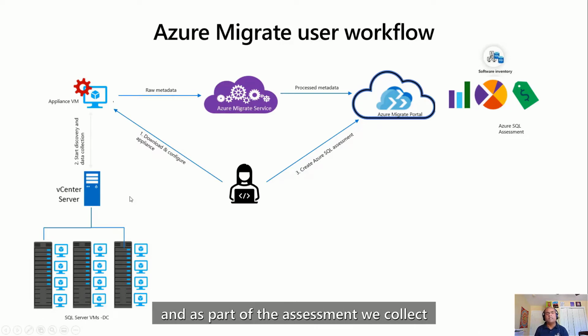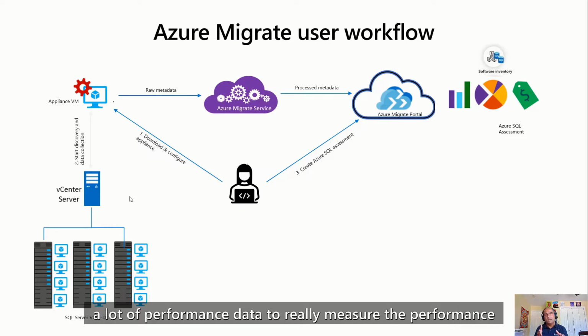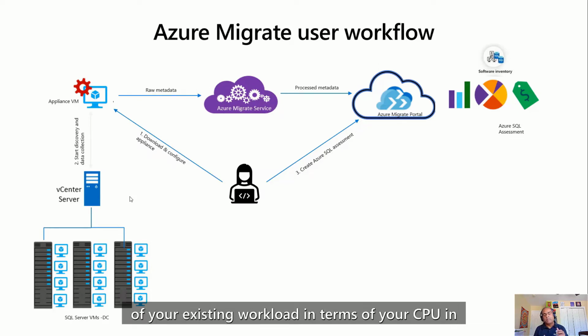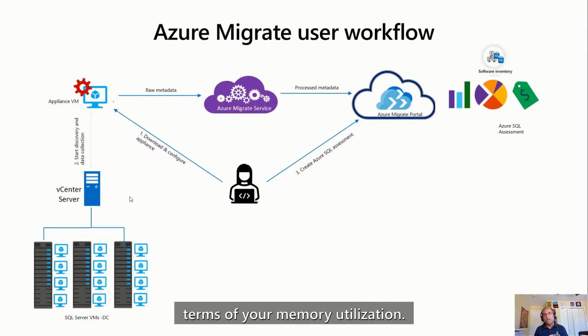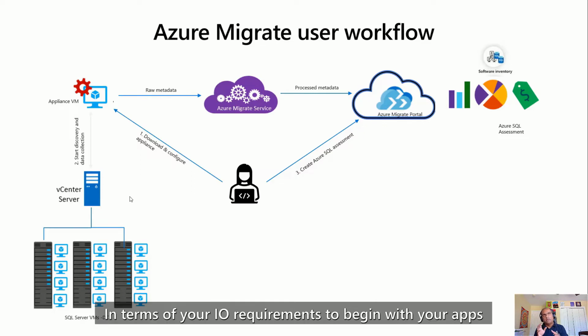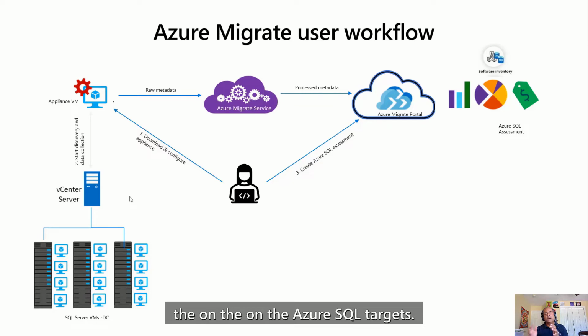As part of the assessment, we collect a lot of performance data to measure the performance of your existing workload in terms of CPU, memory utilization, disk IO, or IOPS that are required to run your workloads efficiently on the Azure SQL targets.